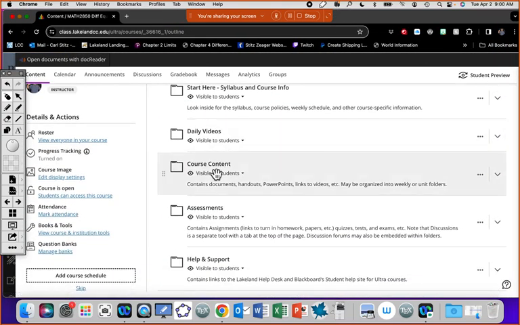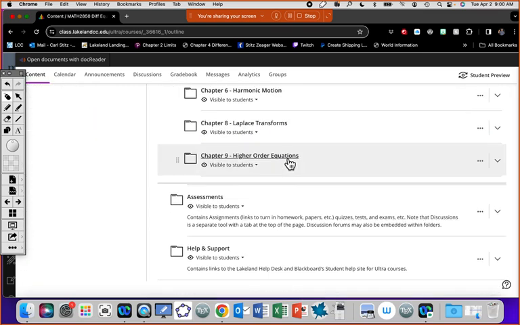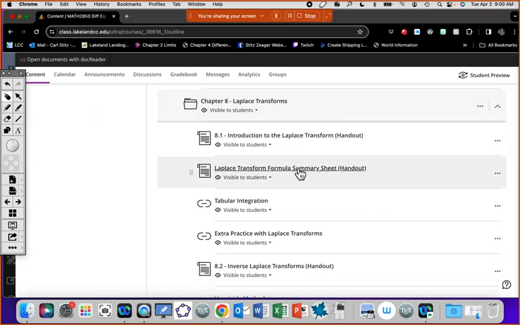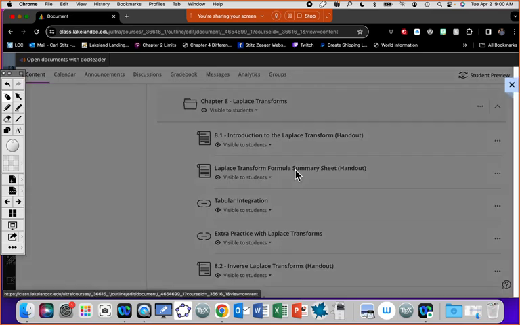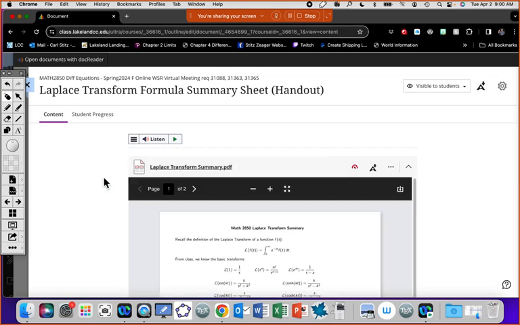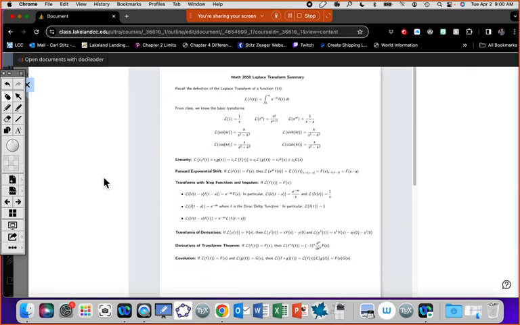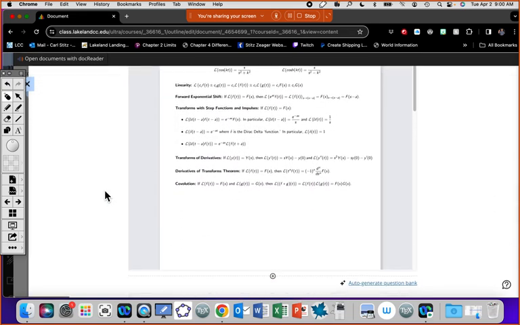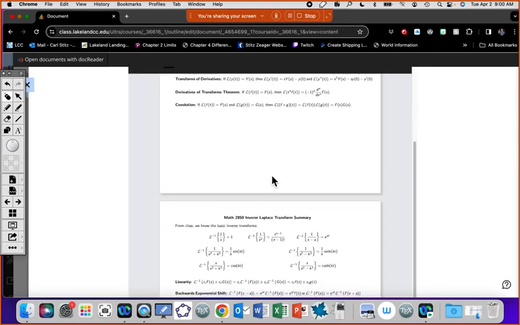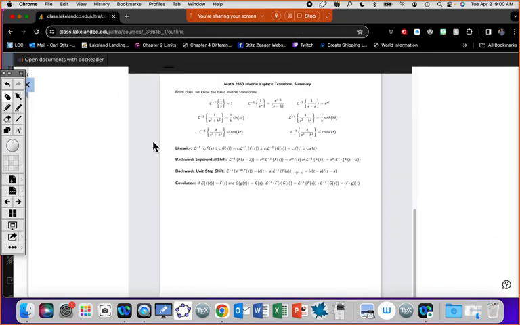So under course content, Chapter 8. So here's this Laplace transform summary sheet I talked about. This has all the stuff we're going to be doing eventually, right? So it's up to you if you want to download it now and have it handy. It might freak you out, but this is what we're building towards. That's a summary of all the stuff we're going to learn.